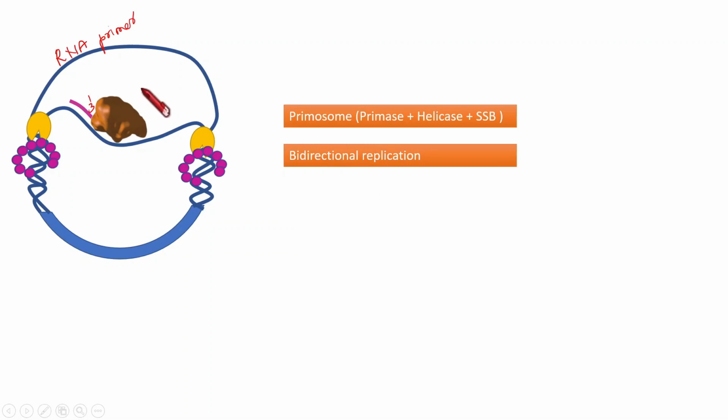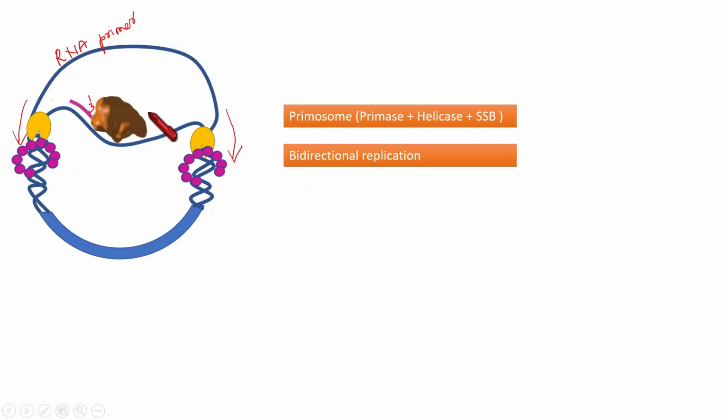Then in the case of this prokaryote, the replication is bidirectional. Why is it called bi? Bi means two directions, not the same direction. As we look at this structure, we can see two replication forks, and these two replication forks are moving in opposite directions. It means the untwisting proceeds in opposite directions.